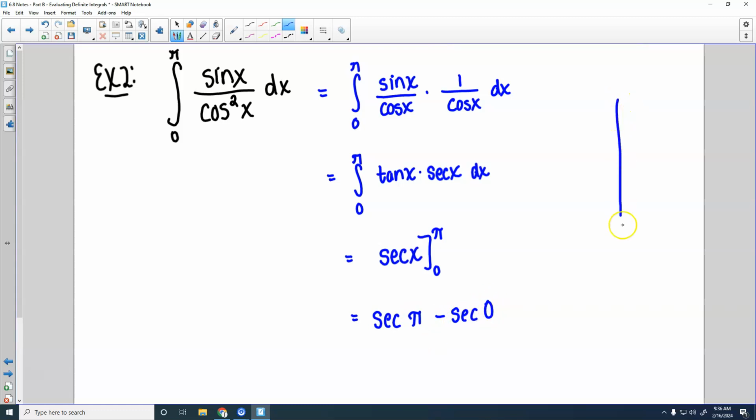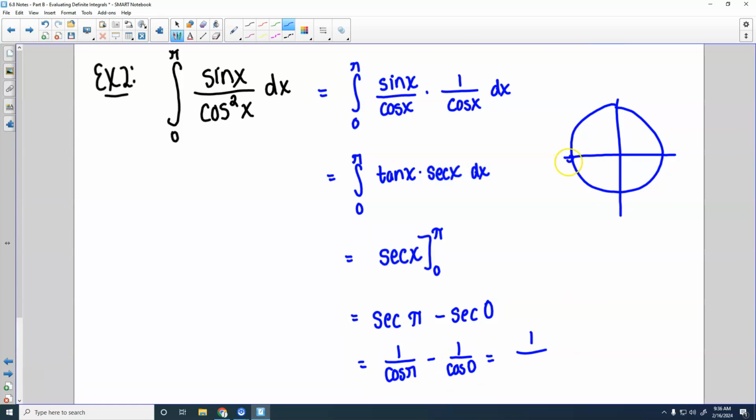So let's think unit circle. Here it comes again. Right? Secant is 1 over what? 1 over cosine. So we're thinking 1 over cosine of pi minus 1 over cosine of 0. What is cosine of pi? -1. What is cosine of 0? Not 0.